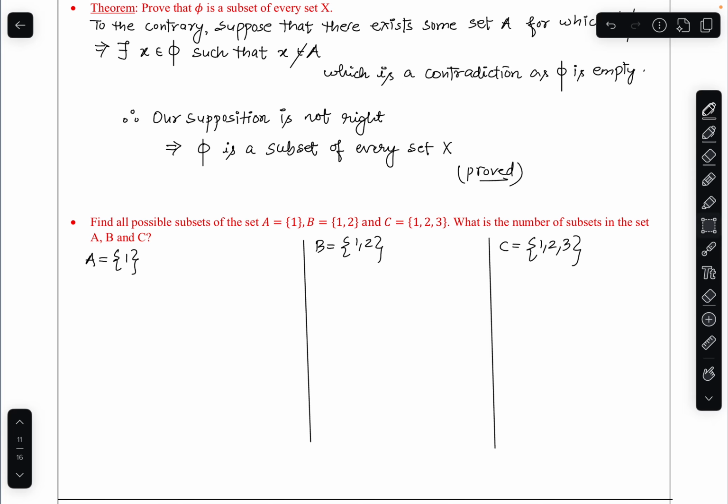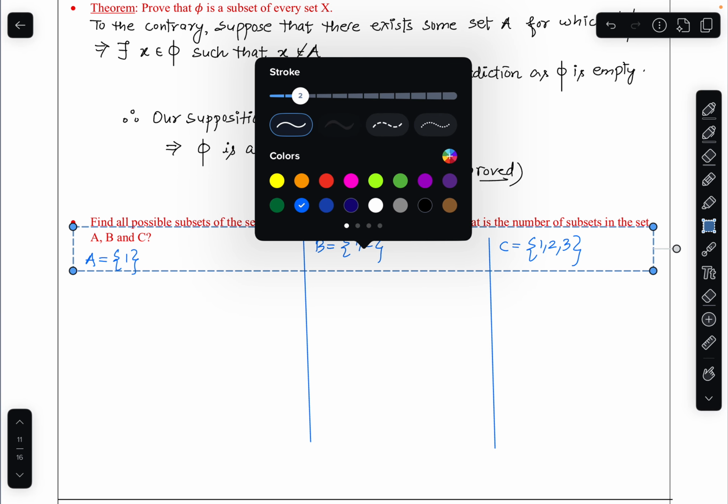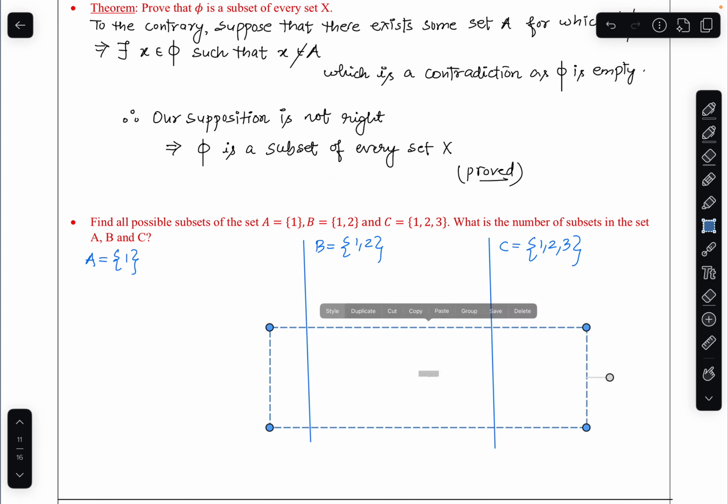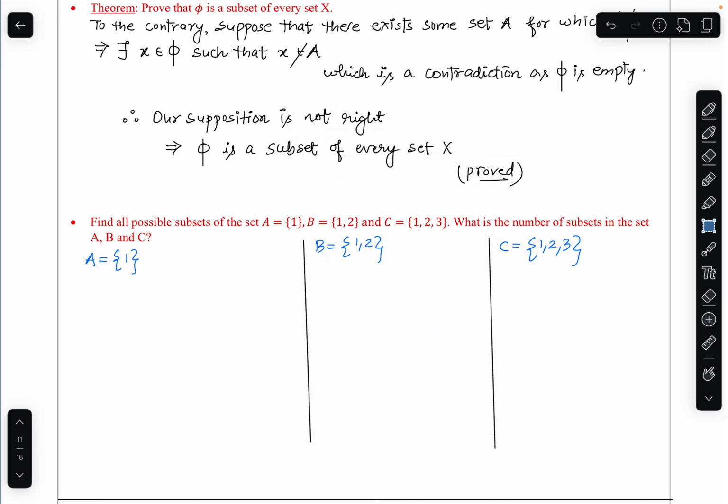Now just a while back we said that phi is a subset of every set. So since we are looking for subsets now, I can just write phi for each of these three. The question says find all the possible subsets of A, B, and C. So phi, as we saw earlier, is a subset of every set here.